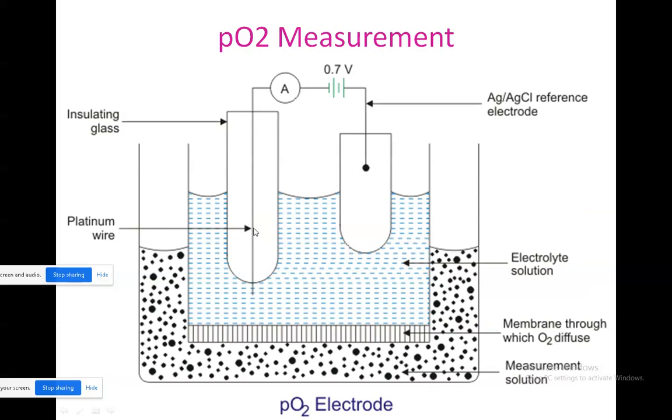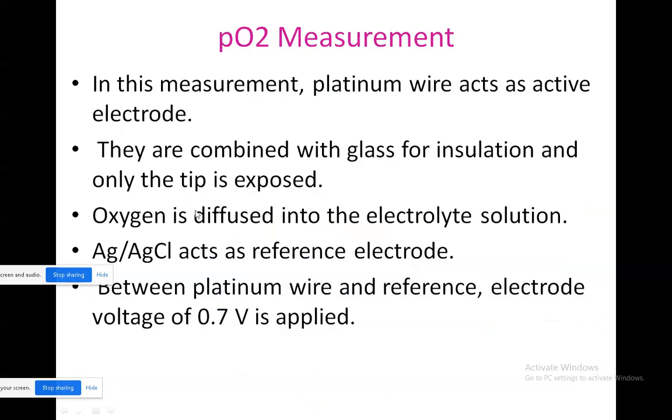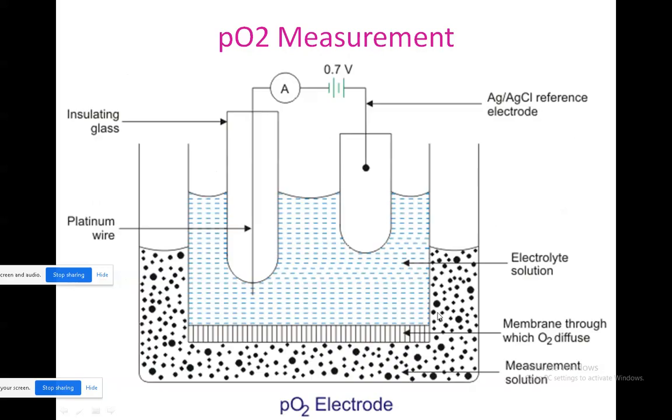See here, the tip of the platinum wire is dipped in the electrolyte solution. Here oxygen is diffused into the electrolyte solution, through the bottom membrane of this container.